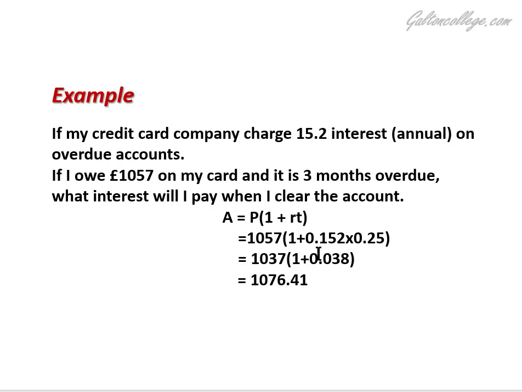Now multiply all of this out, we'll get this, and multiply this, we'll get that, and that's what I owe on my card. So the interest payable is £19.41.